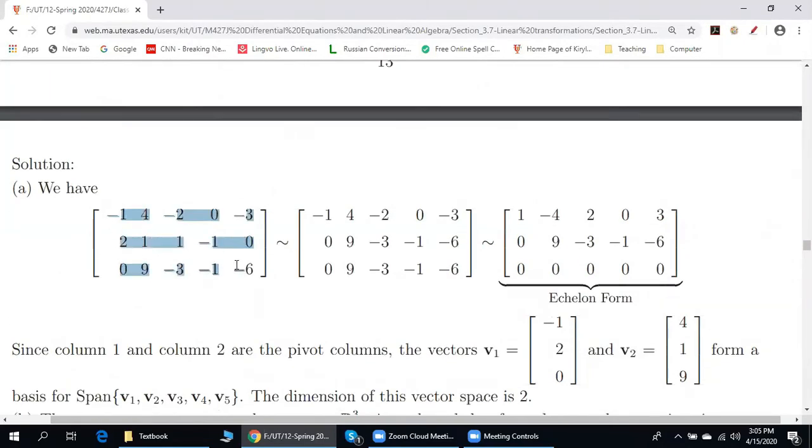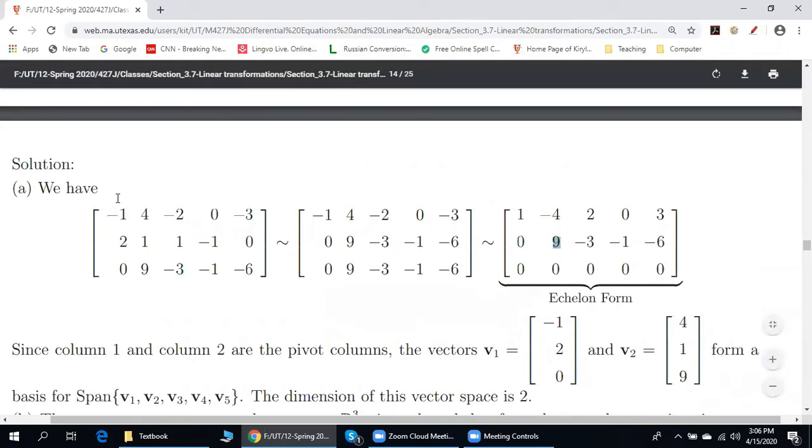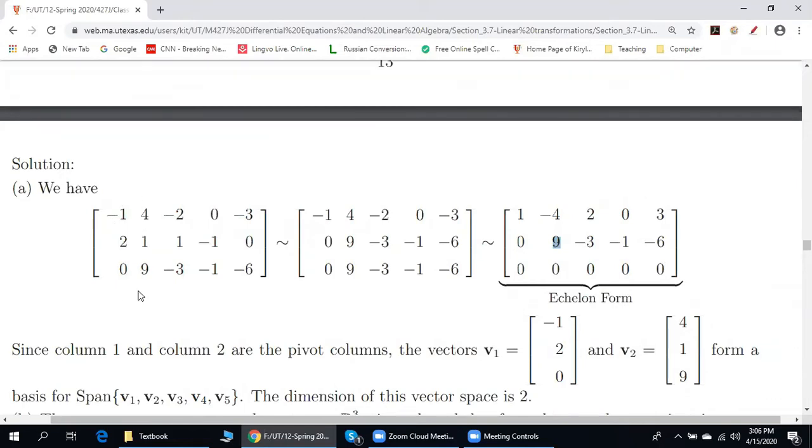We put all these vectors together, we apply elementary row operations in order to come up with an echelon form, and now we see pivot columns are column number 1 and column number 2. Therefore, vectors v1 and v2 form a basis of this vector space, and therefore the dimension of this vector space is equal to 2. Any questions about A?